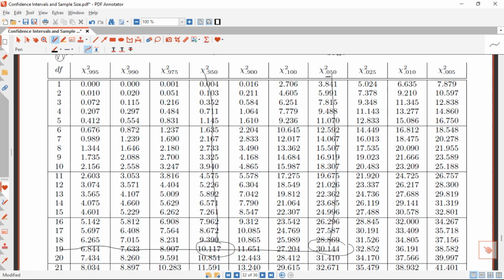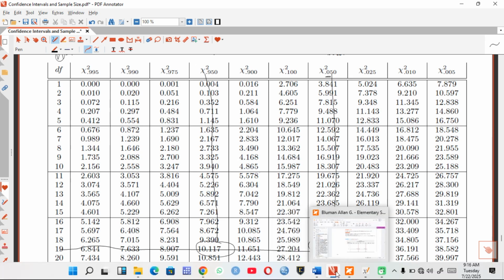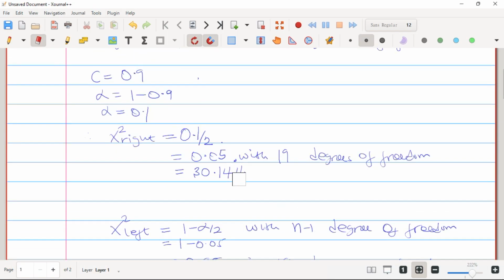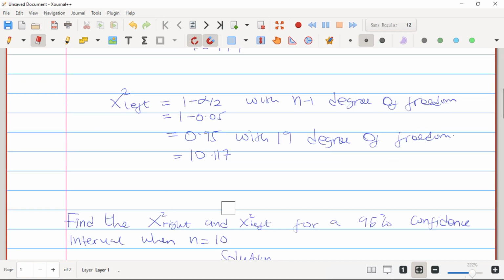So that one will be our critical value. So therefore you could see that the chi-square to the right for this question under 90% confidence interval is 30.144 and to the left is 10.117, right? So that's our first question.